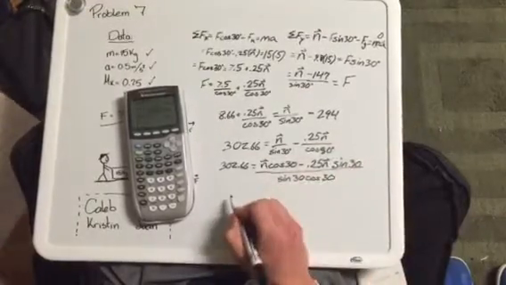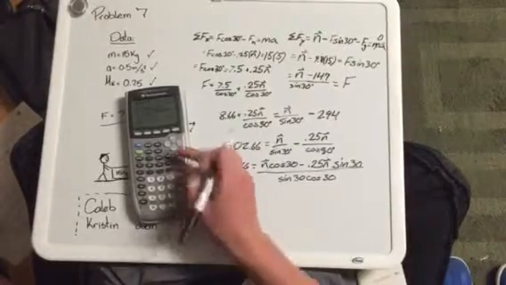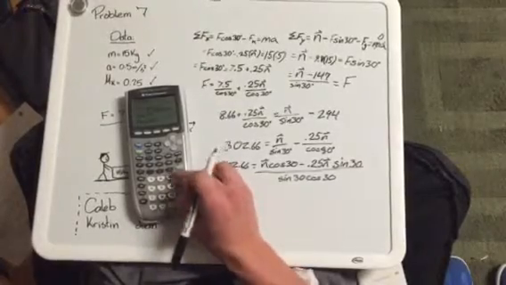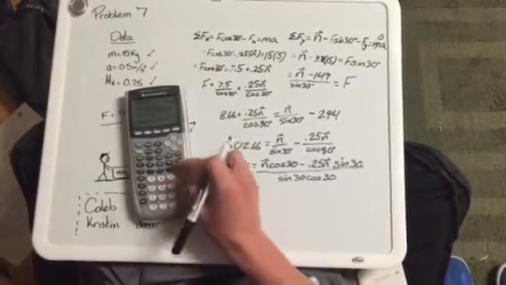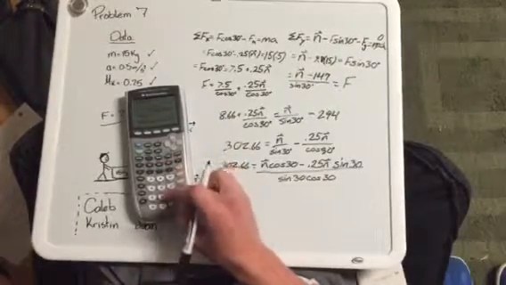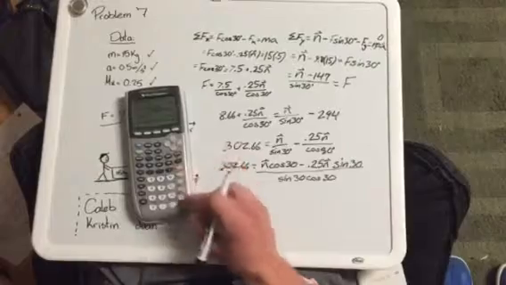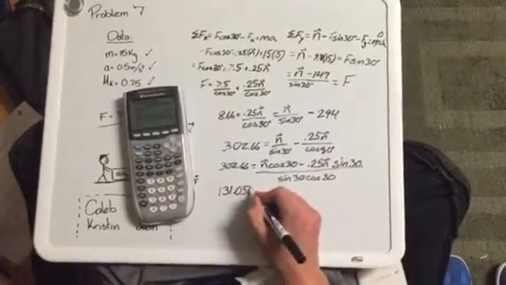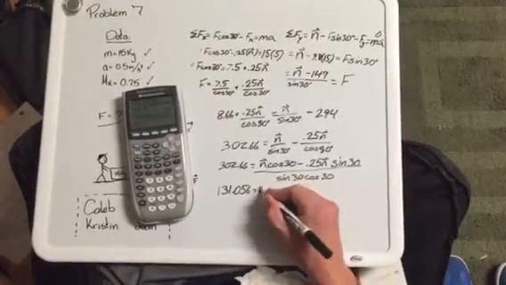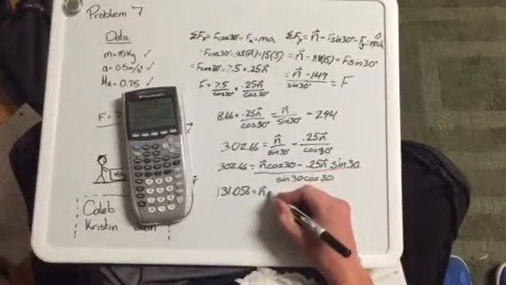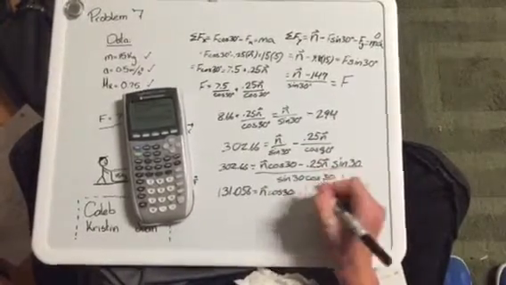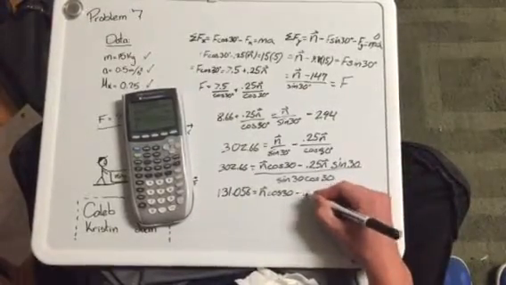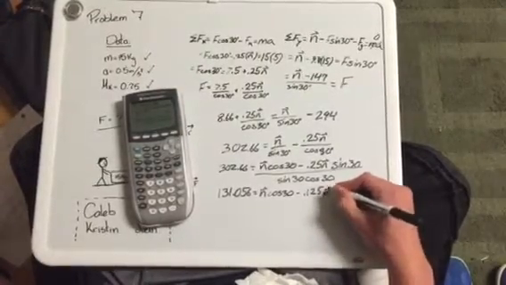And then multiply it out, and you get 131.056, which equals force normal times cosine 30 minus 0.25 times 0.5, which is 0.125 force normal.